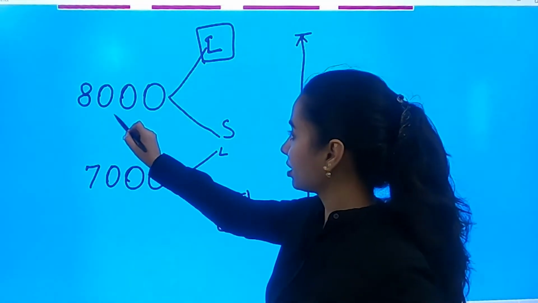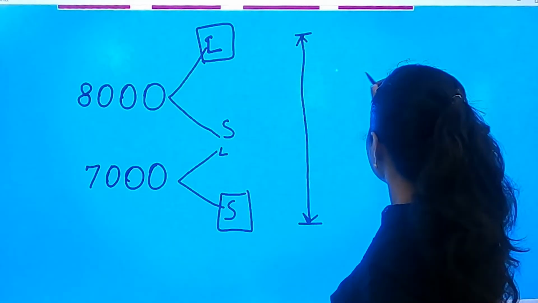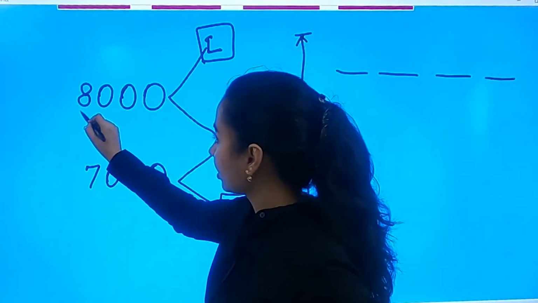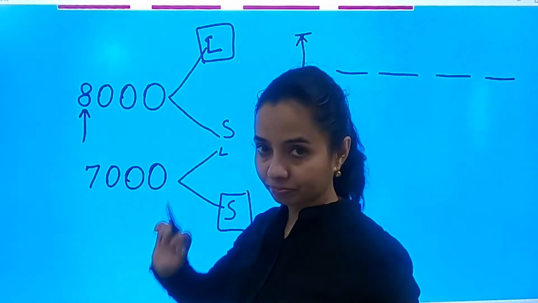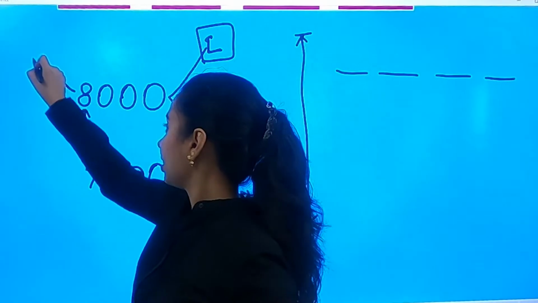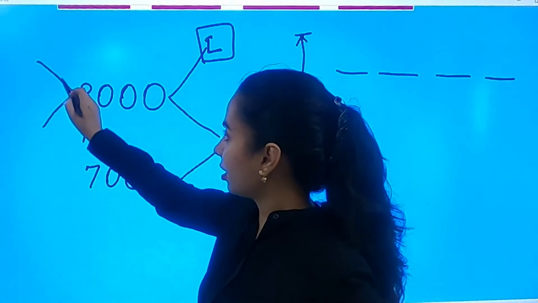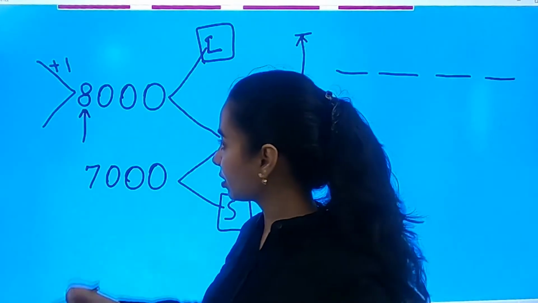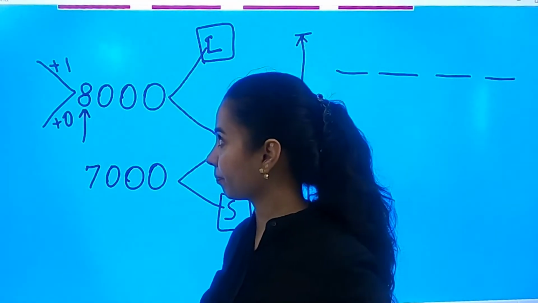So, here there are 4 digits, 1, 2, 3 and 4. This is our focus digit because we are rounding to nearest thousands. We have 2 options. Either one was added to the original focus digit, or the original digit might have remained the same.